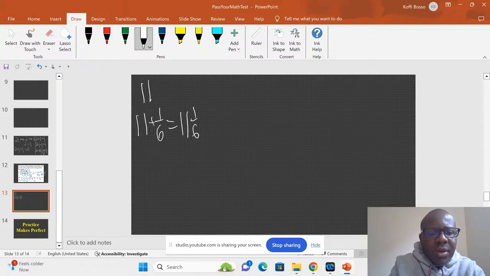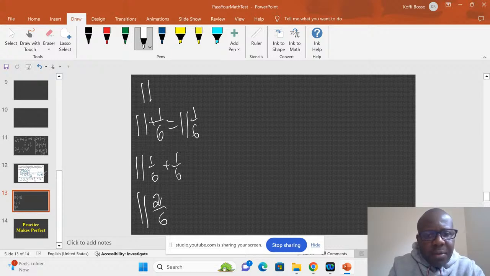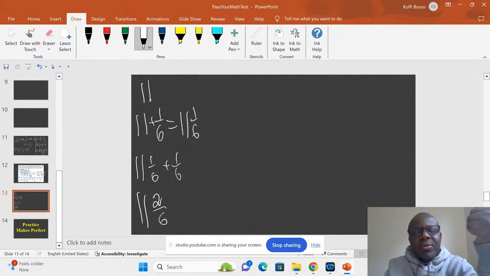So if you have 11 and 1/6, you add another 1/6. This time you have 11 and 2/6, because I have 1/6 two times, which gives me 2/6. But can we simplify 2 over 6? Of course.